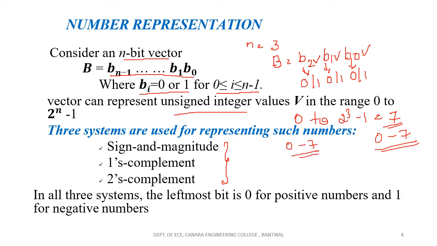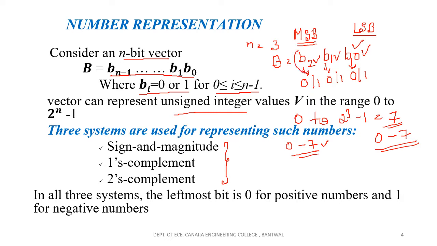These numbers can be represented in 3 ways: sign and magnitude, 1's complement and 2's complement. Here bit b0 is considered the least significant bit, or LSB, and the leftmost is the MSB, that is the most significant bit.